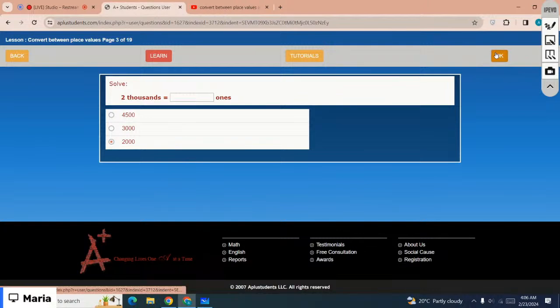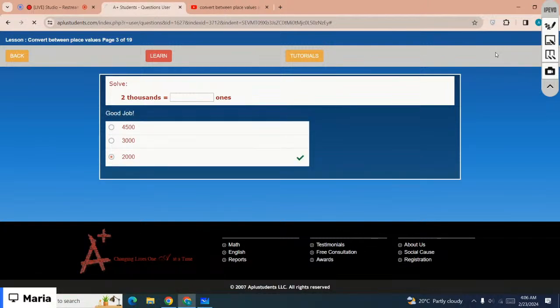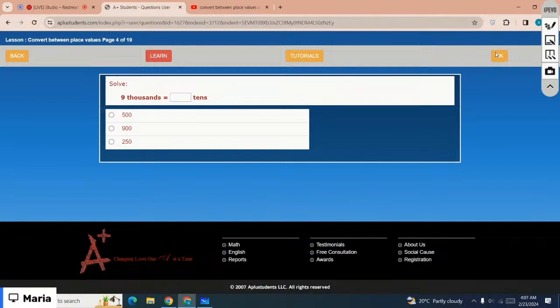The correct option is 2000s. 9000s equal how many tens? 9000 equal 900 tens. The correct option is 900.